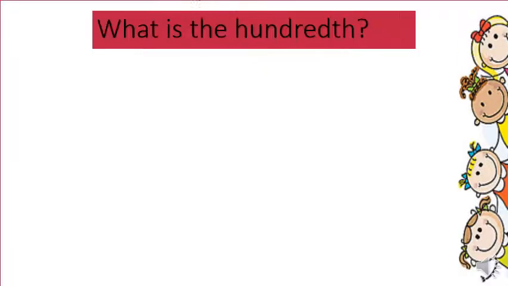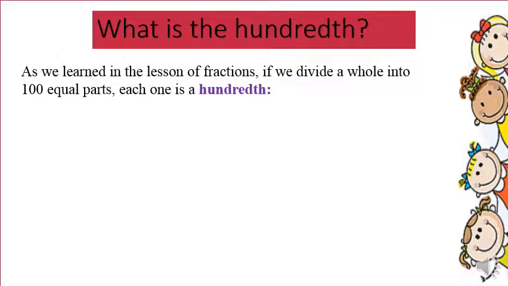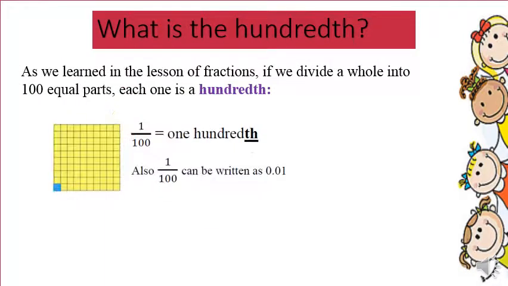Now, what is the hundredth? Hundredth, as a fraction, is 1 over 100. It represents a small quantity, 1 out of 100. It's 1/100th. We add the "th" to the number in the denominator. 1/100th is represented as a decimal number as 0.01.